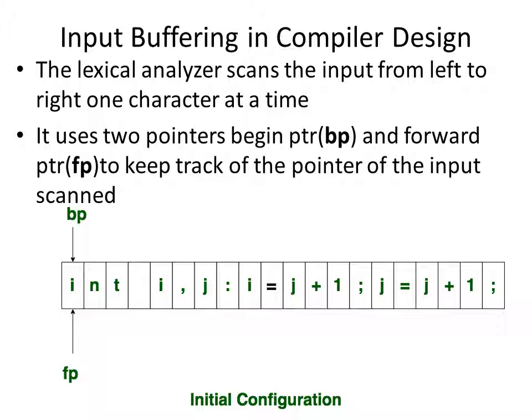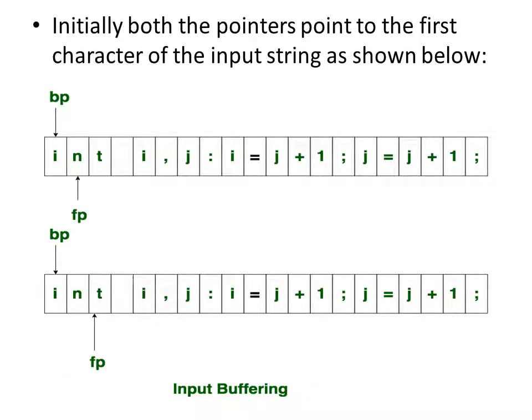We know that in C language each and every statement is separated with a semicolon. So in this initial configuration, the two pointers, the begin pointer and the forward pointer, are both at the initial point, which represents the i in int. Initially both the pointers point to the first character of the input string, which is shown before.